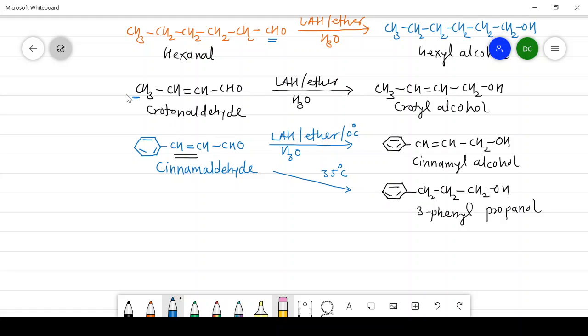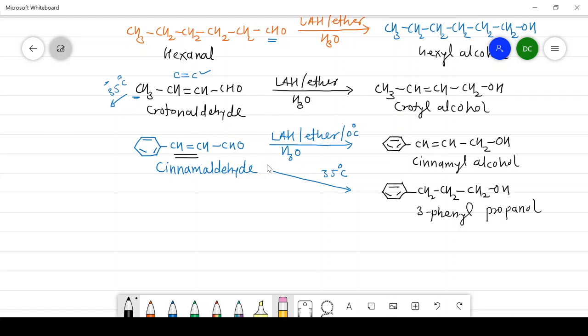But when this reaction is carried out at 35 degrees Celsius, we cannot get CH2 CH2 in crotonaldehyde; even at 35 degrees Celsius in that reactant the carbon double bond carbon remains as it is. So from this we can conclude that if this carbon double bond carbon is further attached with an unsaturation which is in conjugation with this double bond, then and only then this carbon double bond carbon gets reduced.